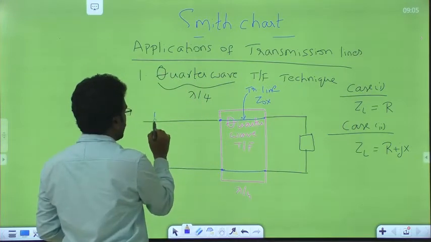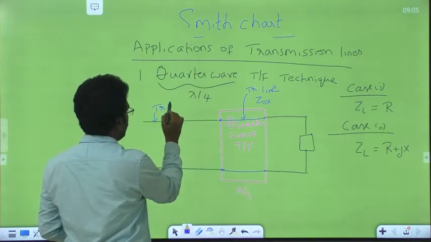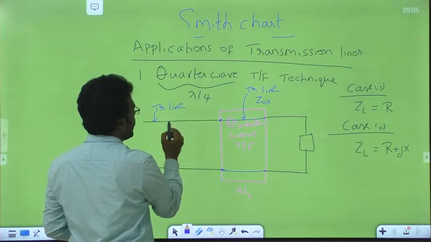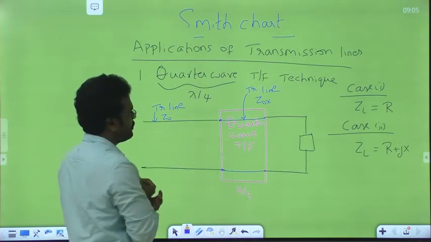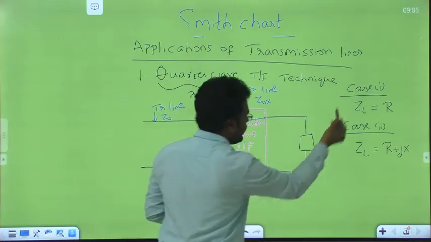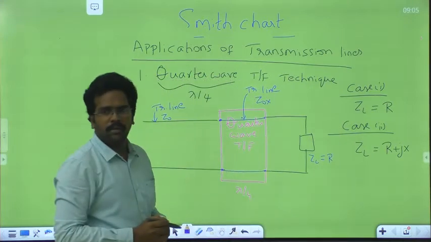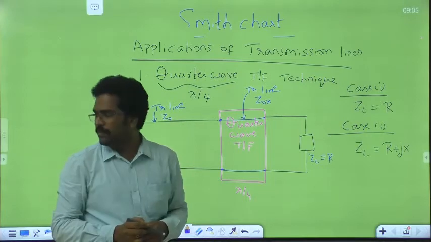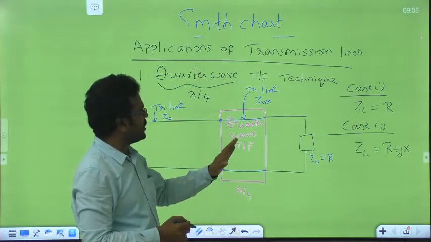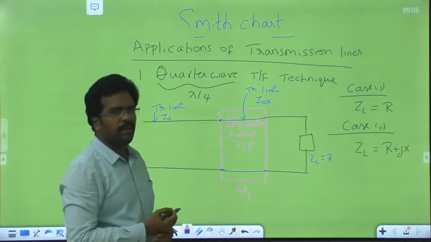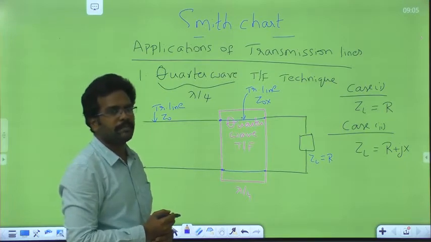This is also a transmission line, but of characteristic impedance Z0. So this is having the load impedance R. Okay, now we'll see how to do impedance matching with the help of this quarter wave transformer using Smith chart.